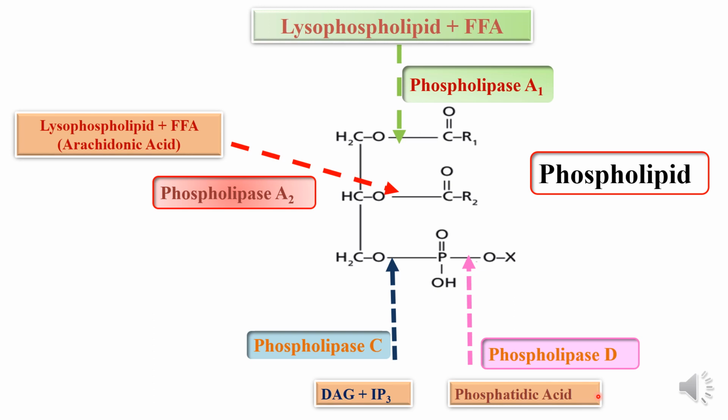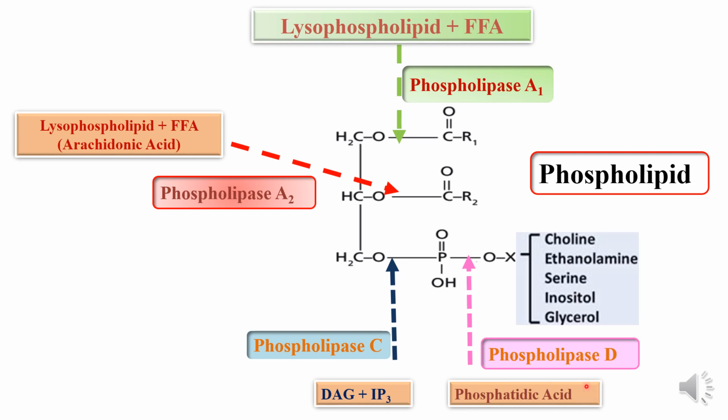So these are the actions of different phospholipases. Now the X here at the third carbon where phospholipase D acts represents different groups that include choline, ethanolamine, serine, inositol and glycerol.